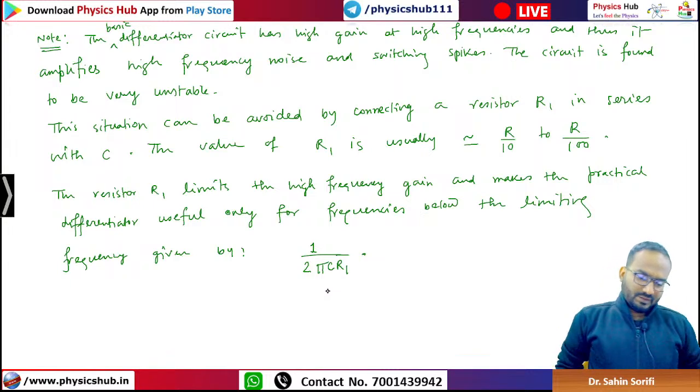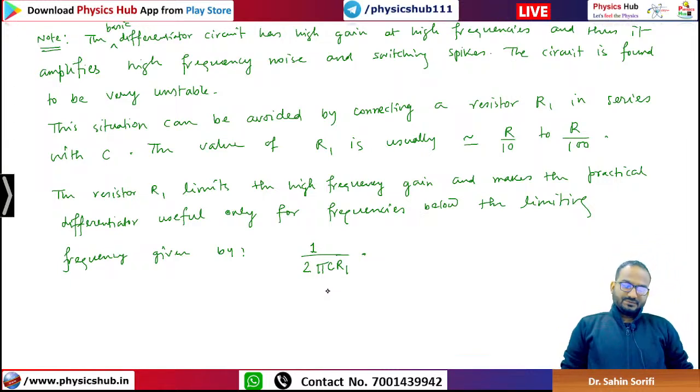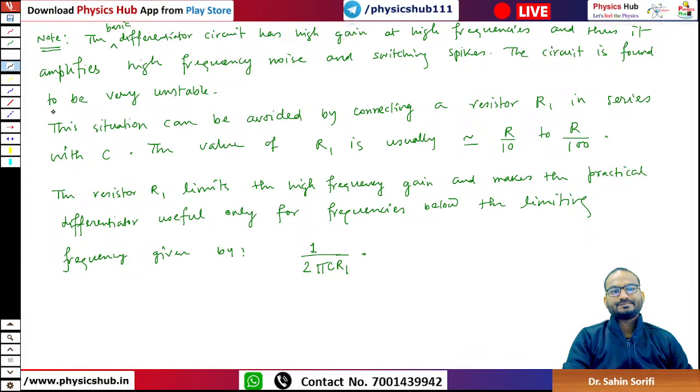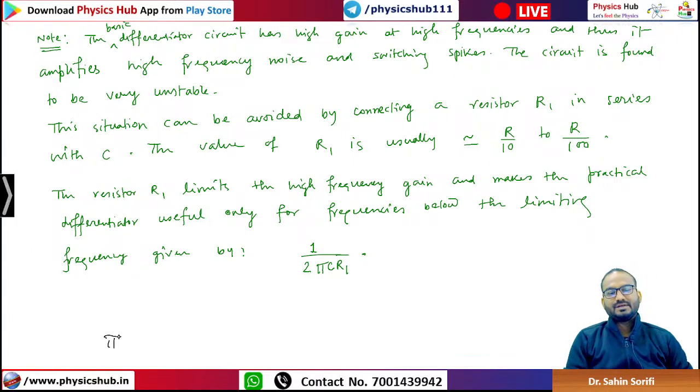So feedback is always given by a resistor. Why? Phase difference is the reason. If you use a resistor, then the phase difference will be pi. A phase difference of pi means a negative sign will appear. If you use another element instead of a resistor, then you can have a different phase difference.